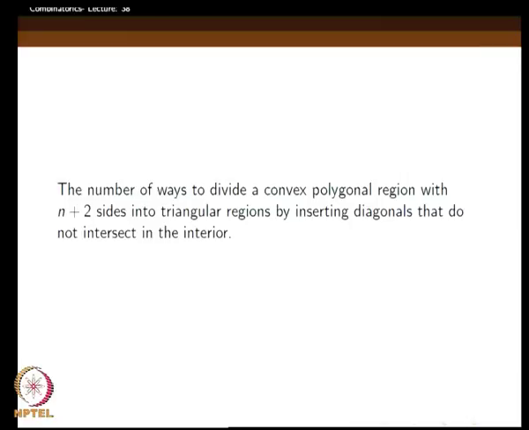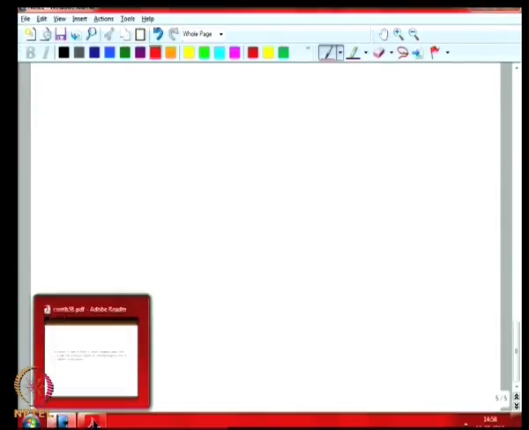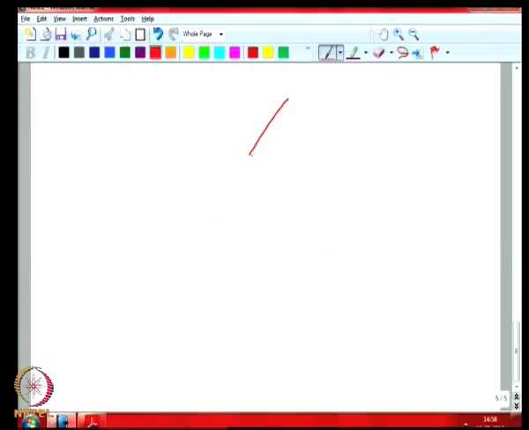So what we mean is, you consider, say, this is a polygon. We can triangulate it by inserting some diagonals, say something like this. So we can put a diagonal like this. Now all are triangular regions. This is a triangle, this is a triangle, and this is also a triangle.